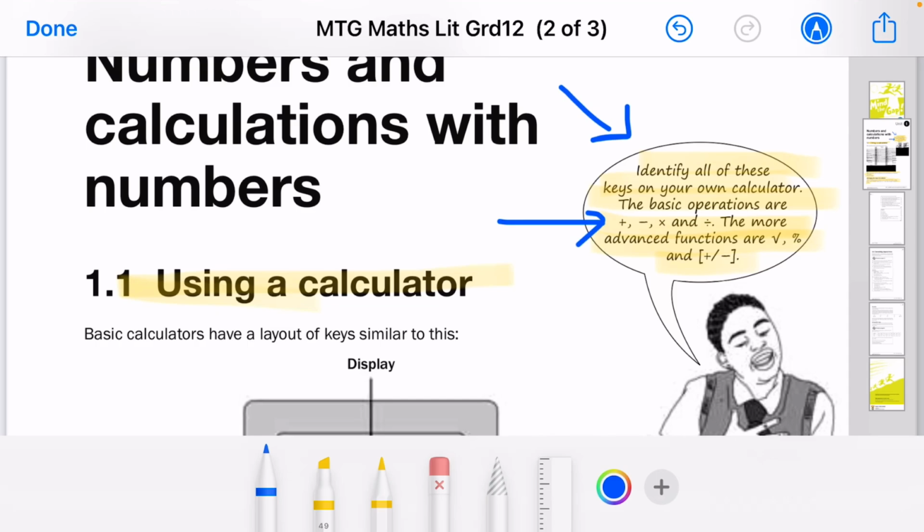Okay, we also have some more advanced functions. They've shown a square root over there, a percentage, and again there's a positive and a negative. Okay, very much important, ladies and gentlemen, that you are able to distinguish the basic operations or the basic keys on your calculator, and again advanced functions. So guys, even though it's referred to as the advanced functions, they are not really complicated to use.